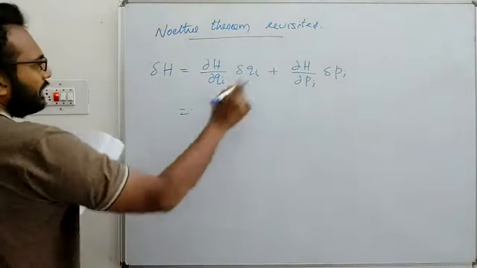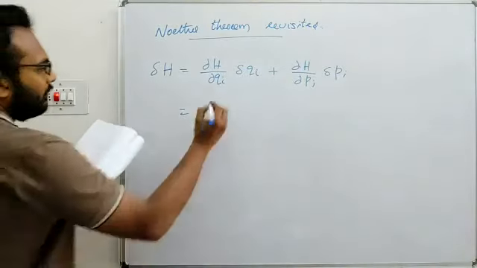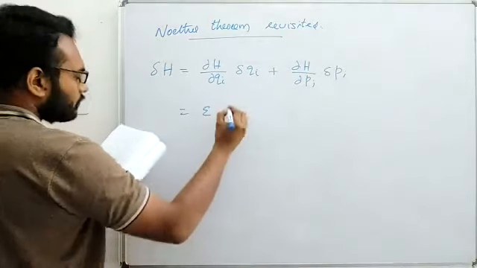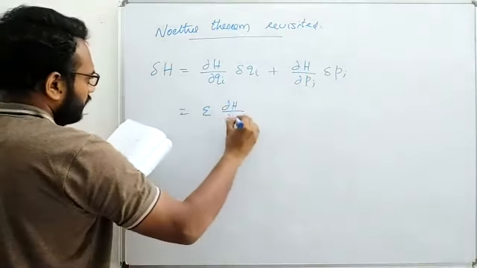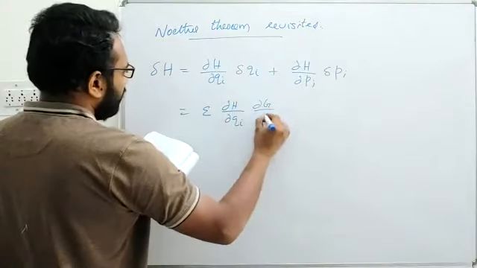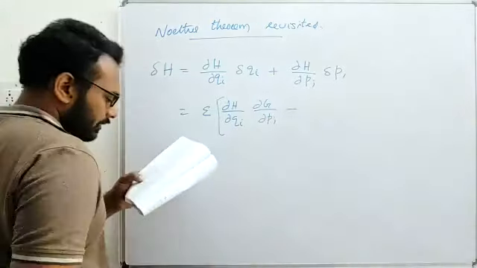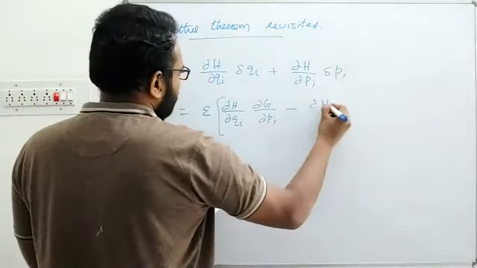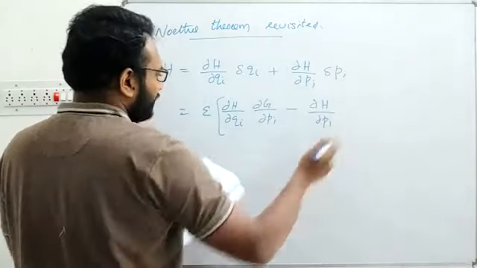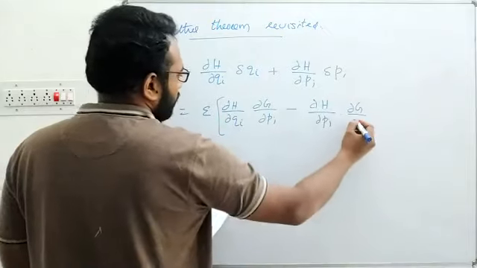Now this can be written, because delta qi in terms of the generator of infinitesimal canonical transformation, we can write this as epsilon times dou H by dou qi, dou G by dou pi, minus dou H by dou pi, dou G by dou qi. Delta qi is equal to epsilon dou G by dou pi, and delta pi is equal to minus epsilon dou G by dou qi, if you remember the first things that we wrote.